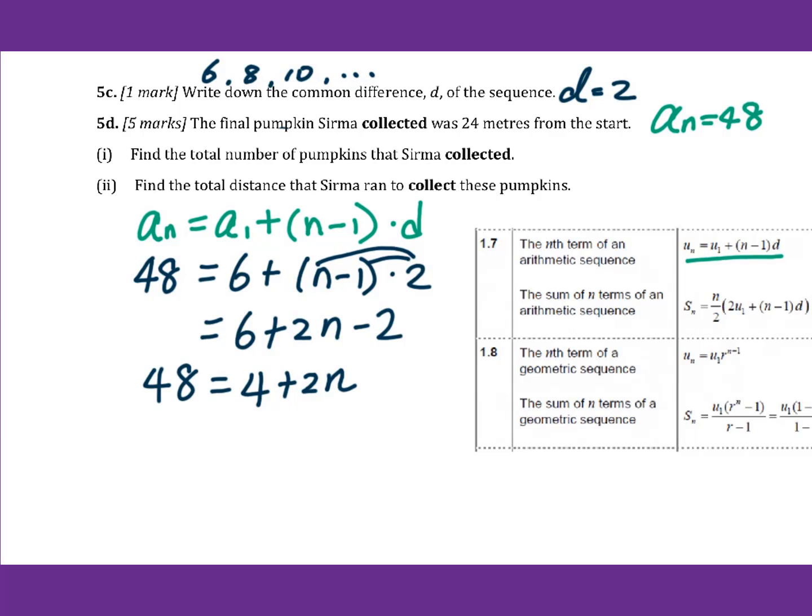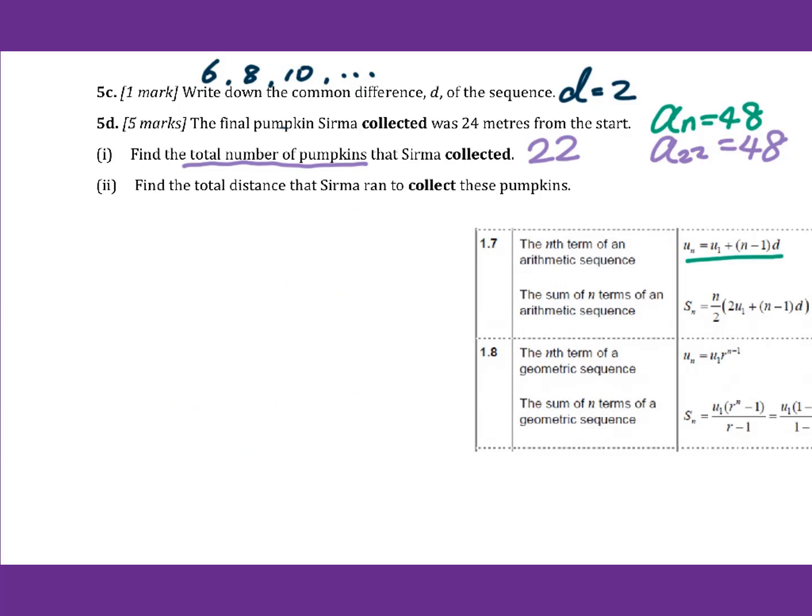Here's 48. So minus 4, then divided by 2, n equals 22. In other words, we know A sub 22 equals 48. The total number of pumpkins that Thelma collected will be 22 pumpkins.